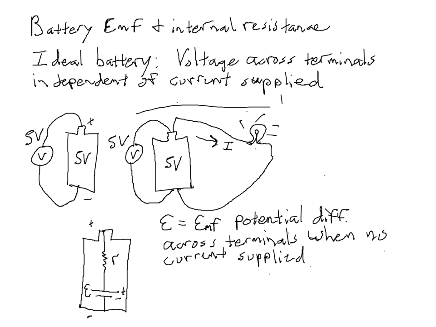So again, if the EMF of this battery is 5 volts, because it's a 5-volt battery, then if I don't have any light bulb connected to this battery, and I hook my voltmeter up to it, then it's going to still read 5 volts, the EMF of the battery.